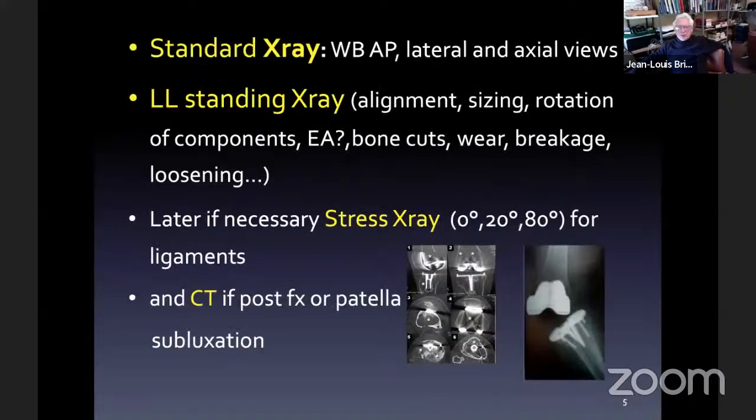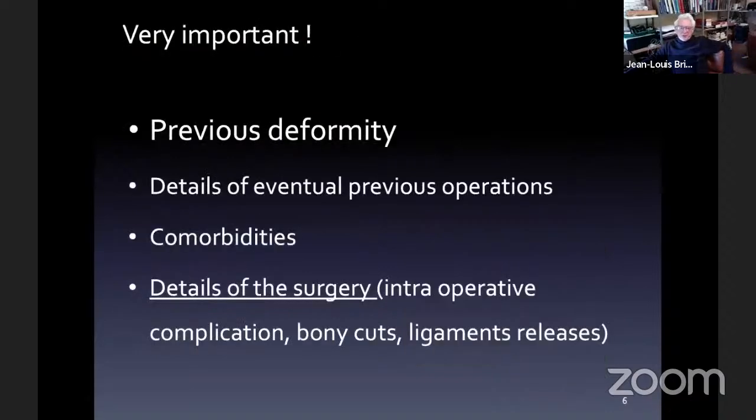X-ray, we ask for standard X-ray, but we need a long leg standing X-ray because it gives the alignment, and especially it looks for extra-articular deformity. They look for sizing, rotation, and bone cuts, etc. Later, if necessary, we will do stress X-rays and CT if there is a fracture before or if there is a patellar dislocation.